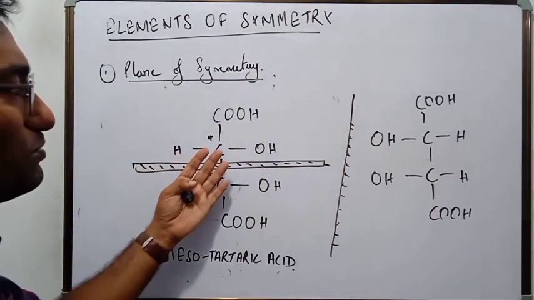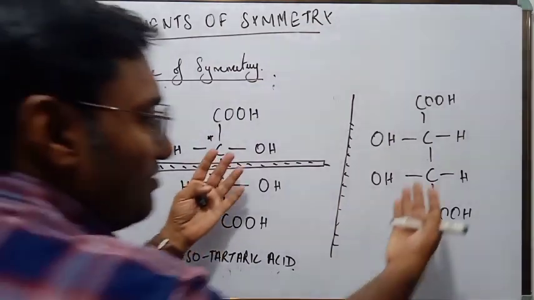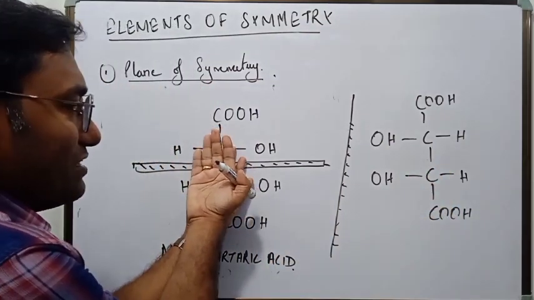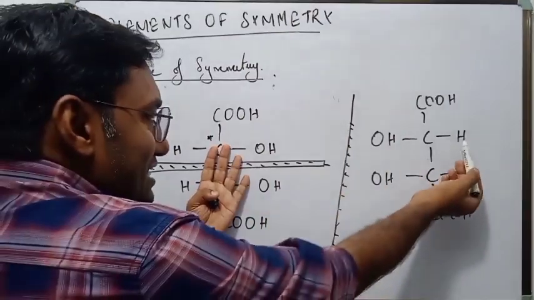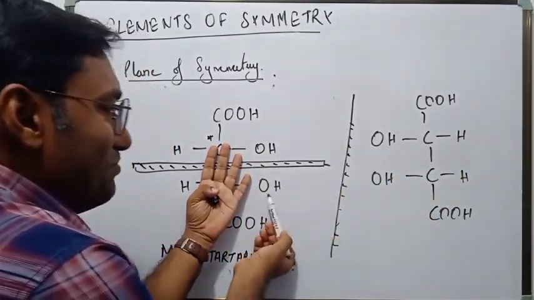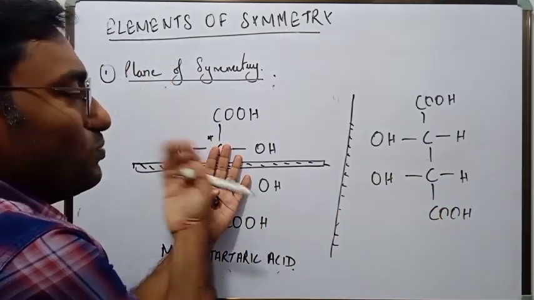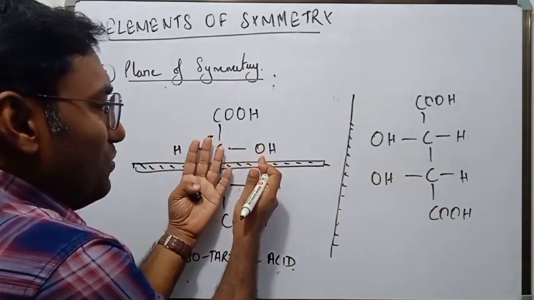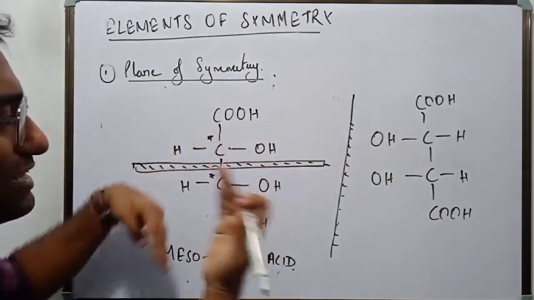Why am I saying it is superimposable? At first glance it may seem it is non-superimposable. If you keep this one over this, this OH would come here, this OH would come here, this H would come here, this H would come here. At first glance it would seem non-superimposable. But this molecule is not rigid. It rotates like this.